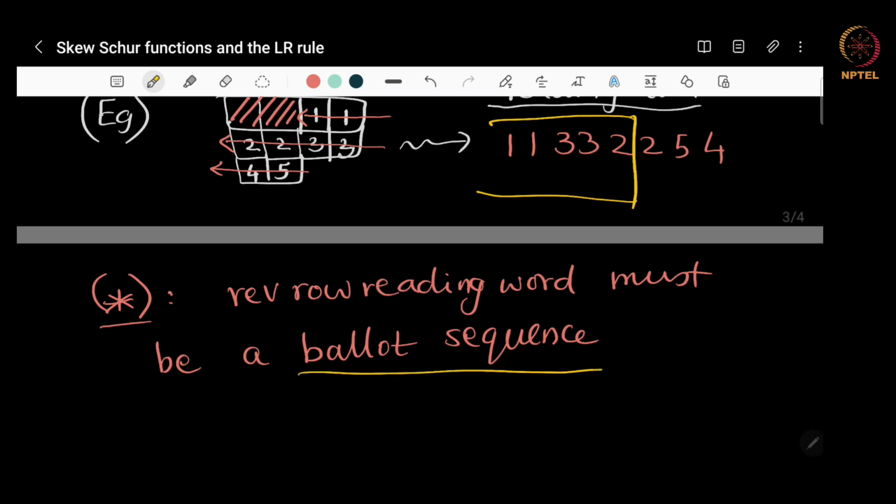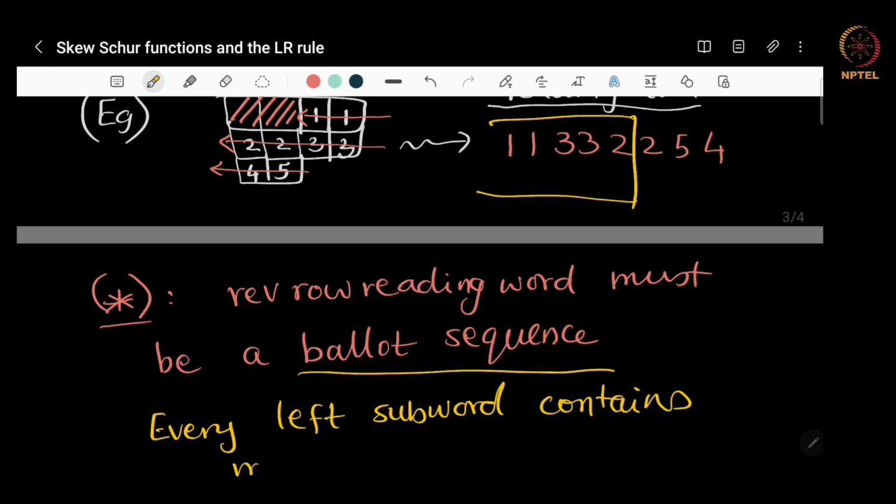So ballot sequence means every left subword contains more i's than i plus 1s. That's what a ballot sequence is.